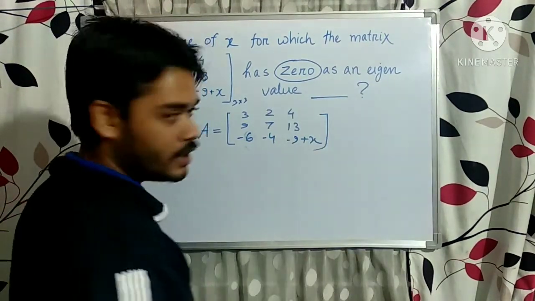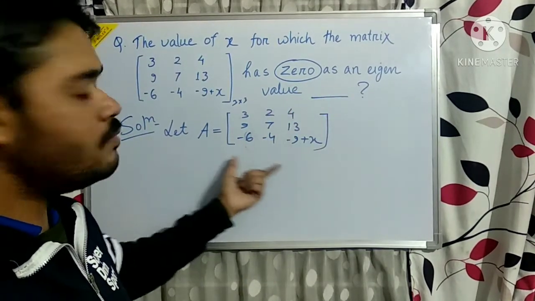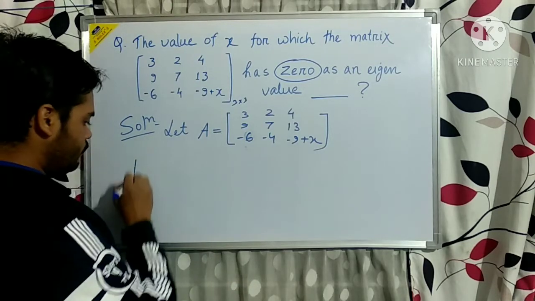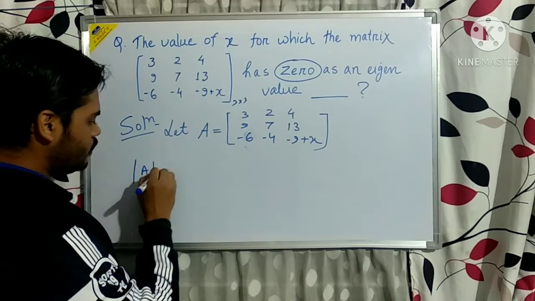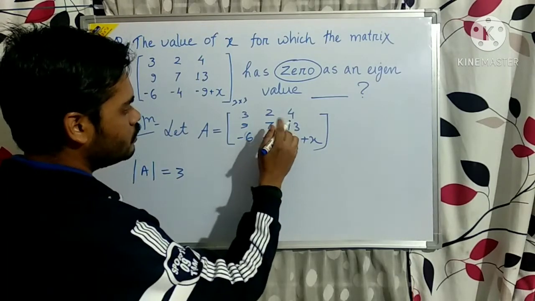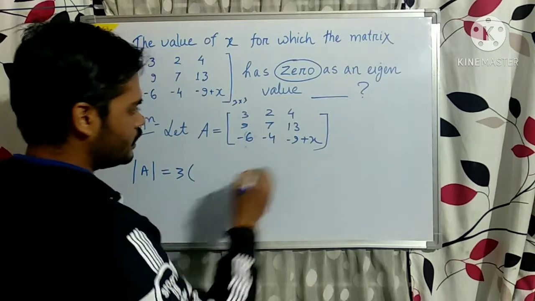I hope you are getting my point. If 0 is an eigenvalue, the determinant of the matrix must be 0, right? So the determinant of A will be 3 into this matrix.